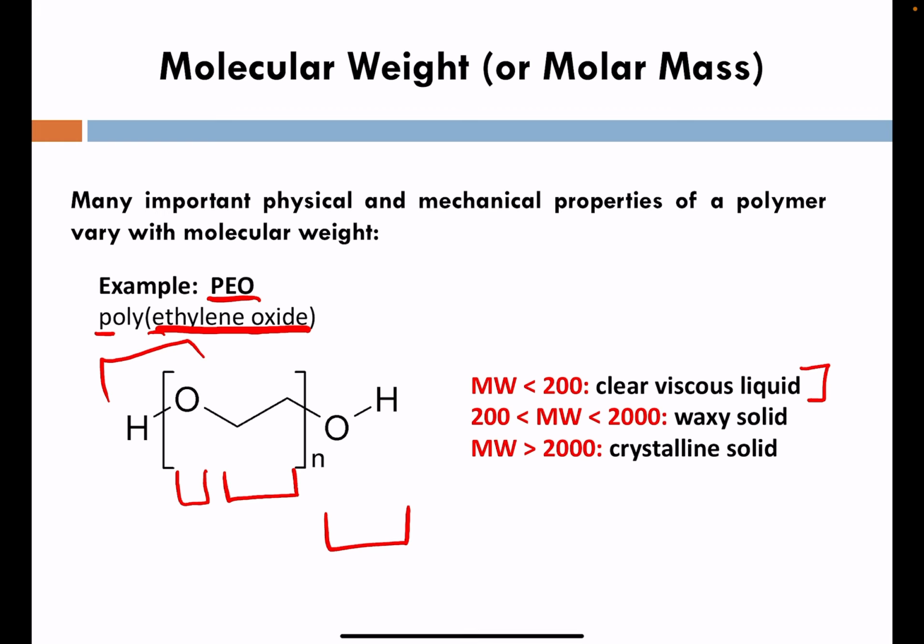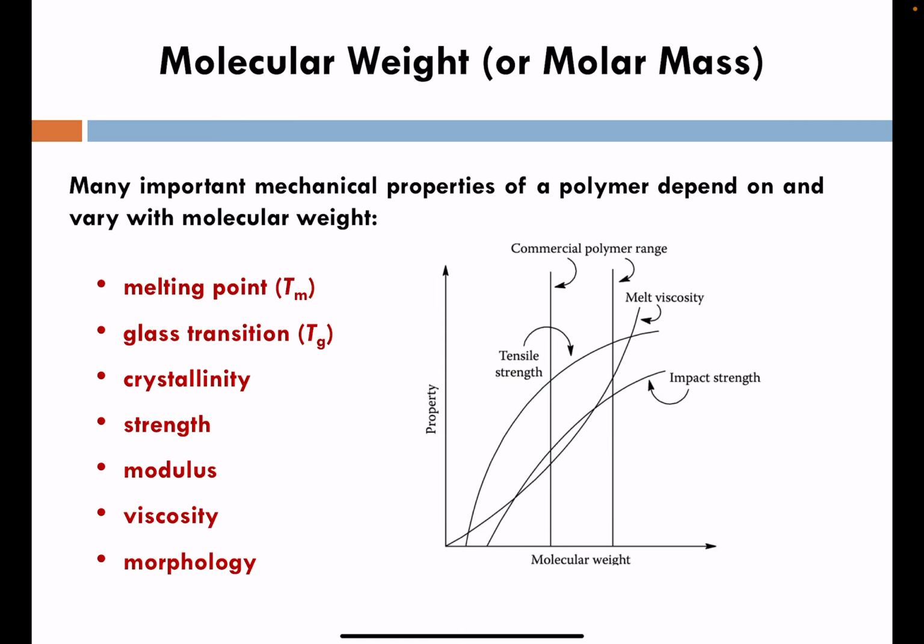And then if we instead access a material that's got higher molecular weight, all molecules larger than 2,000 grams per mole, or 2,000 Daltons, we would observe that the material behaves like a crystalline solid reminiscent of other brittle type materials.